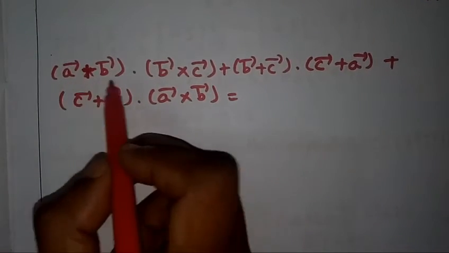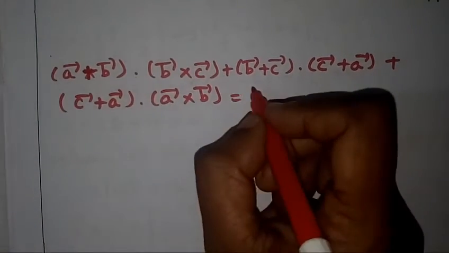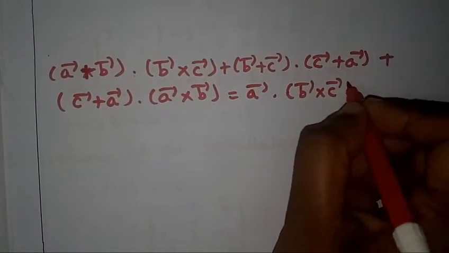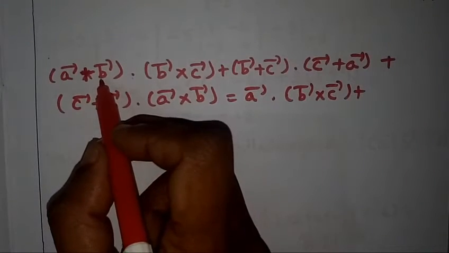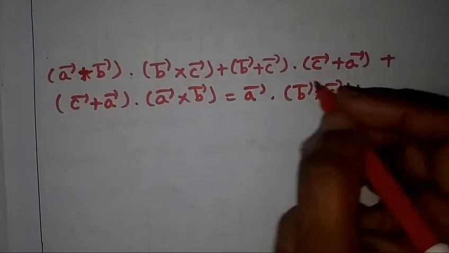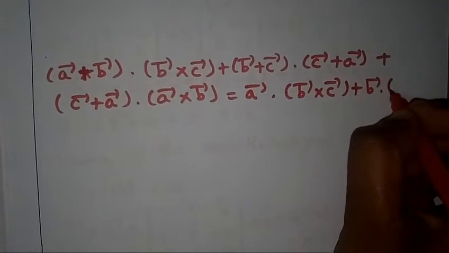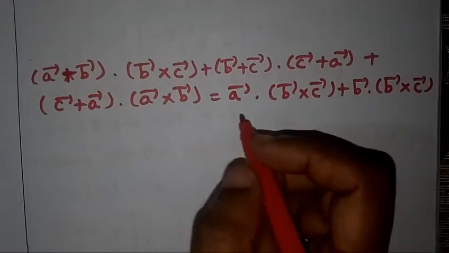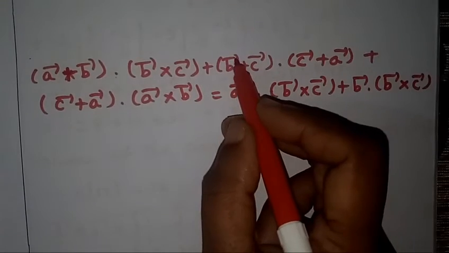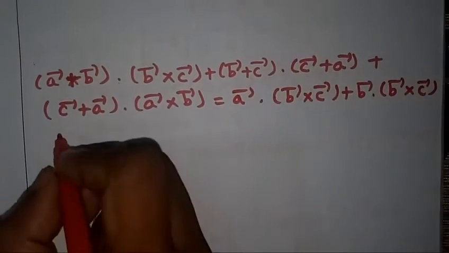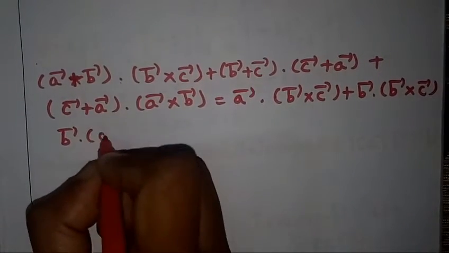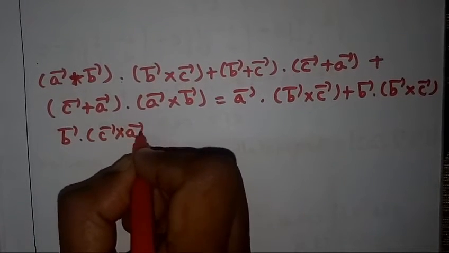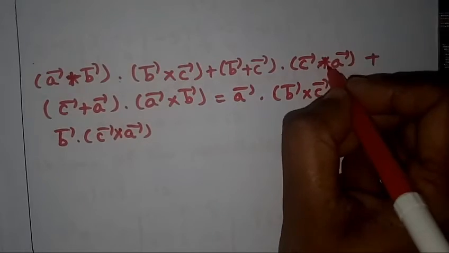We are going to take A vector dot these two terms, so A vector dot B vector cross C vector. Then plus, with this B vector, we take these two terms: B vector dot B vector cross C vector. Same way we do for the second and third terms. B vector dot this whole term, this is cross.